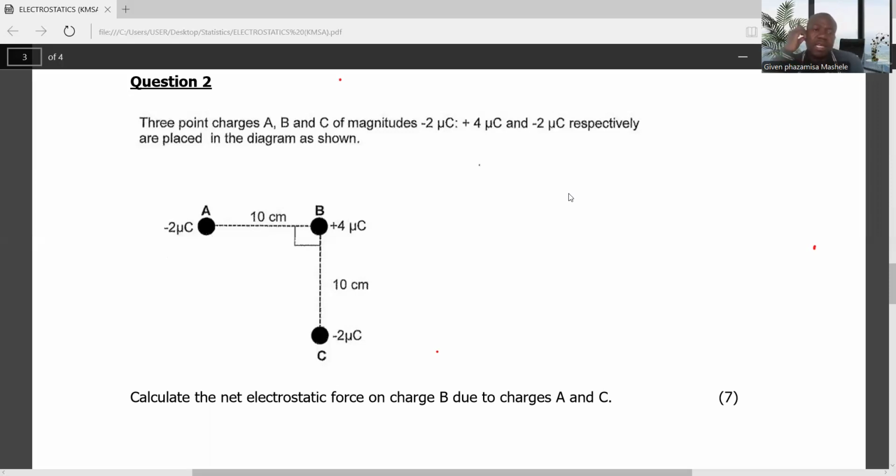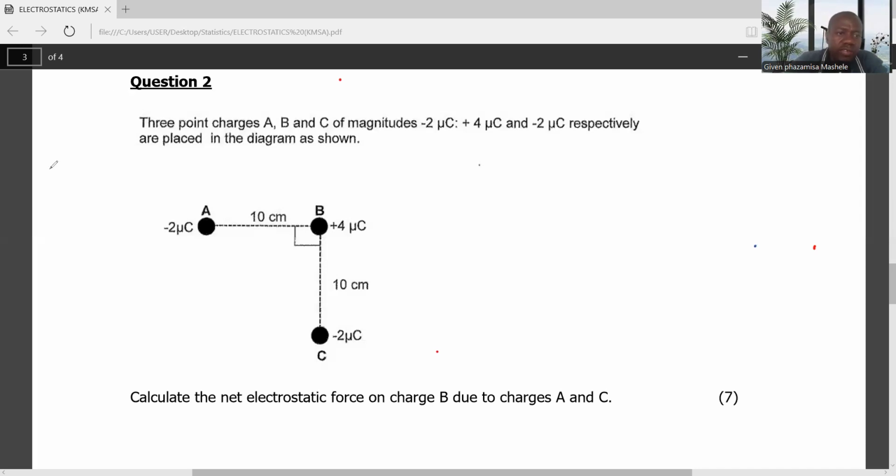Here it says three point charges A, B, and C of magnitude -2 microcoulomb, 4 microcoulomb, and -2 microcoulomb. So we're given these charges. Let me write them down.